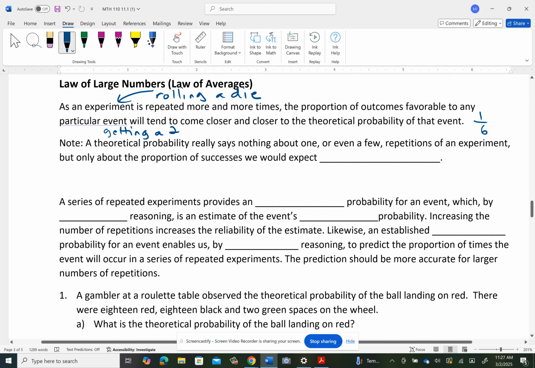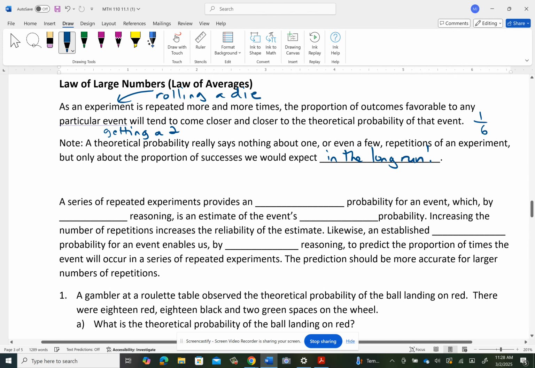Okay? But a theoretical probability really doesn't say what's going to happen if you only do the experiment twice. It's only telling you about the proportion of successes, the number of times you get a 2 if you did this 1,000,000 times. So it's really telling you the proportion of successes you would expect in the long run.